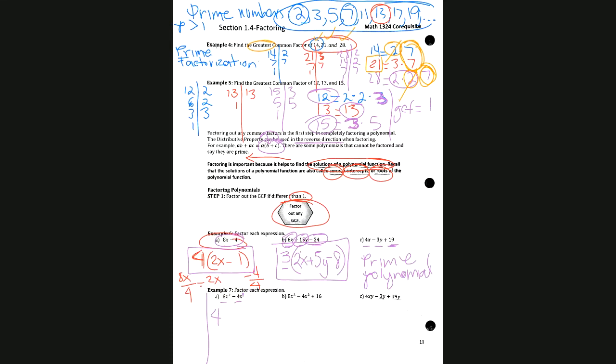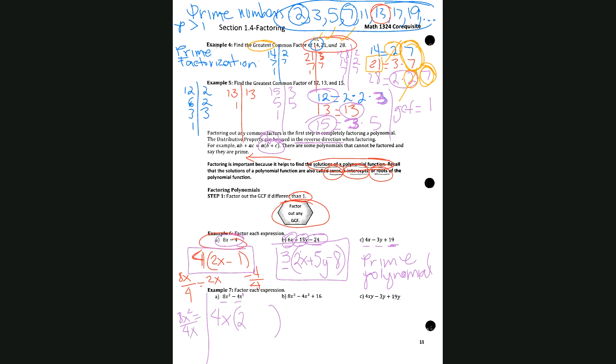And we have a variable that, even though they're not like terms, they both have x to the first power. So if I factor out 4x, we could think of 8x squared divided by 4x, and so that will equal 2.